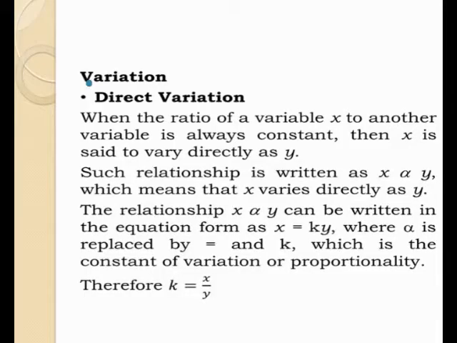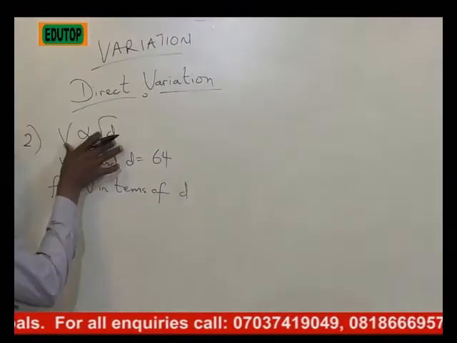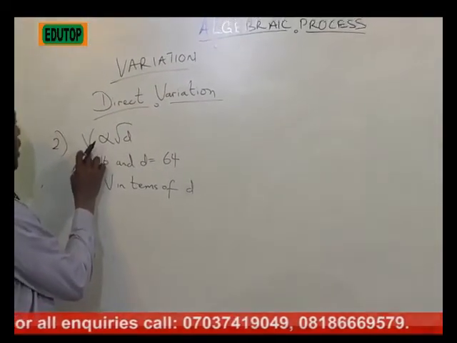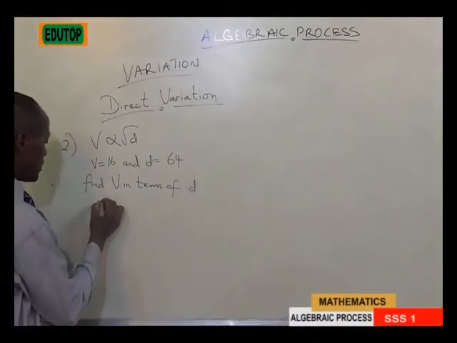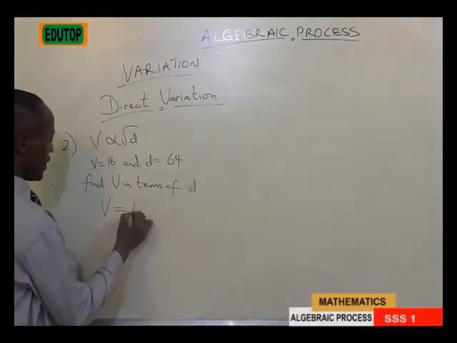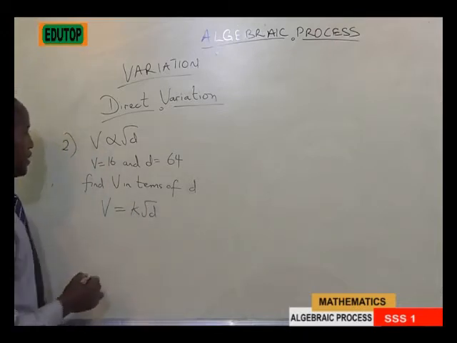Example number 2. If v is directly proportional to the square root of d, and v is equal to 16 when d is equal to 64, find v in terms of d. Now, what this expression, that v is directly proportional to the square root of d, implies is that v is equal to k multiplied by the square root of d.